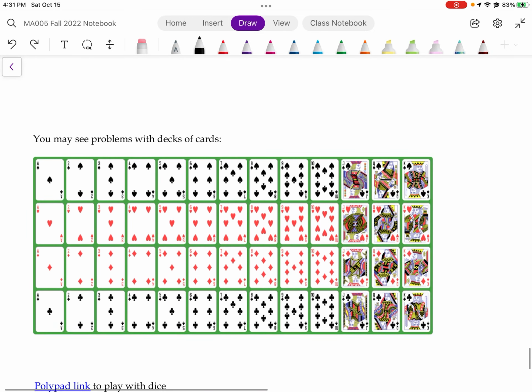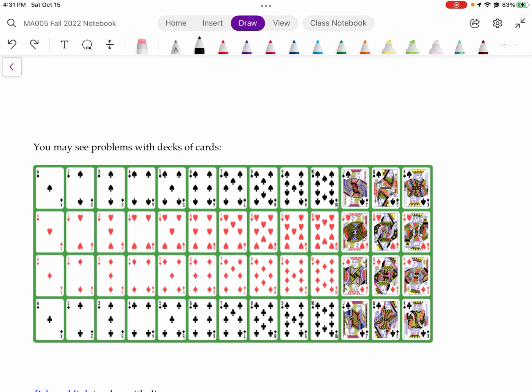All right, so I believe that is the end of my lecture, but I wanted to talk real quick about a deck of cards. A lot of people do not know what a deck of cards looks like. So there are 52 cards, and you need to know this to be able to answer probability questions. There are 2 through 10 number cards, right? And there are 4 face cards for each suit.